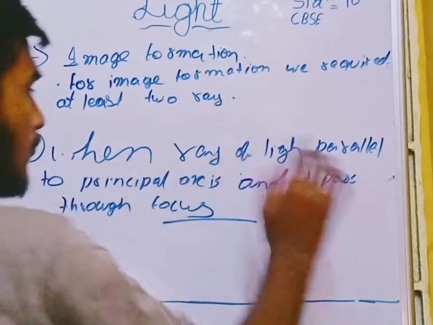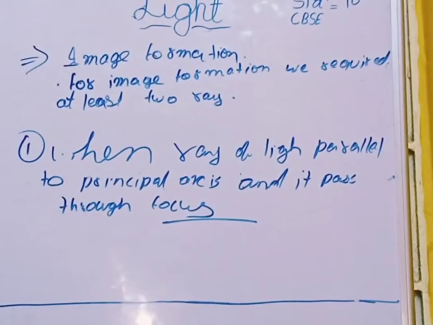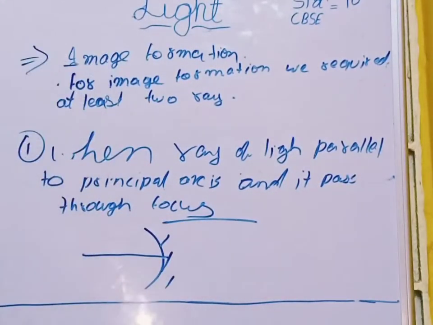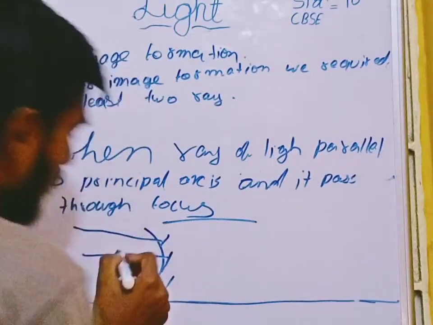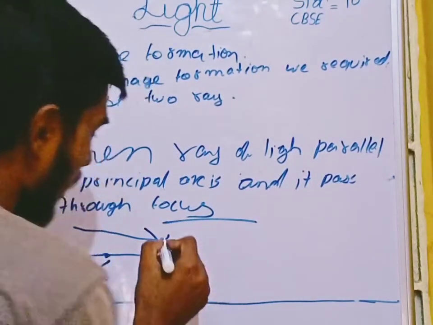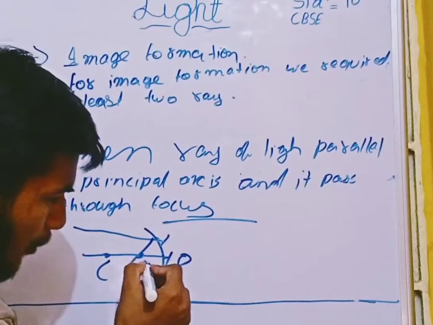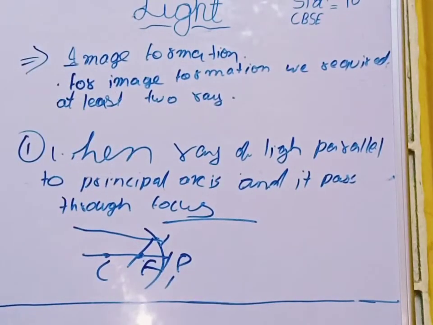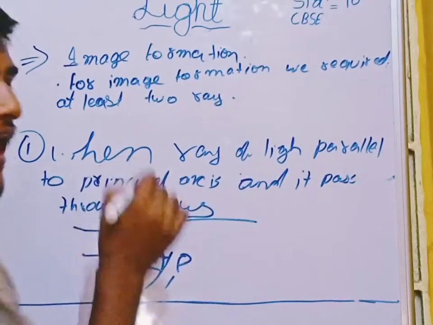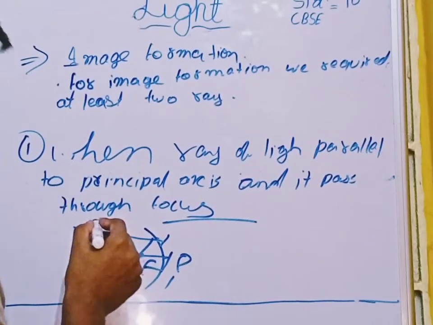The first rule: when a ray of light is parallel to the principal axis, as in this diagram, after reflection it cuts at a point that is known as the focus.